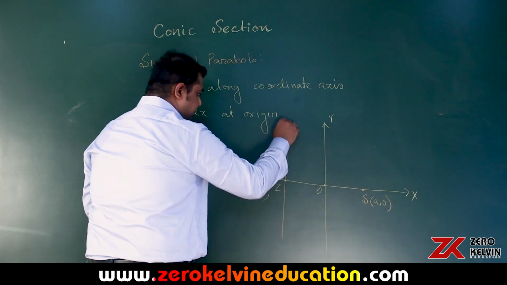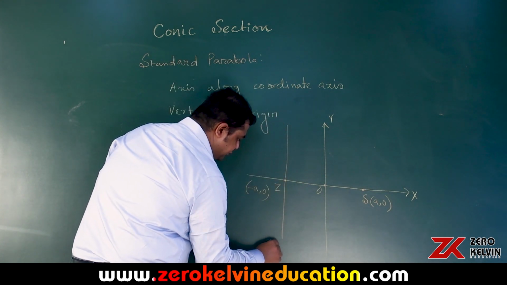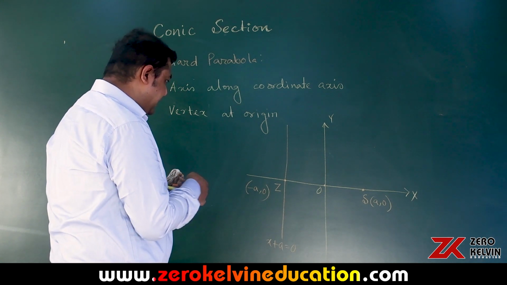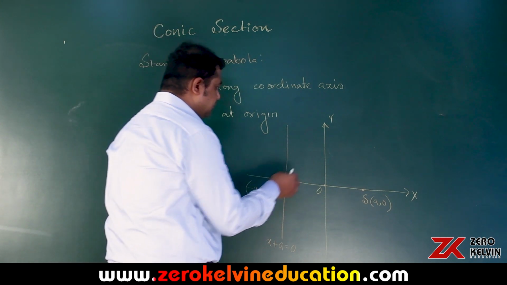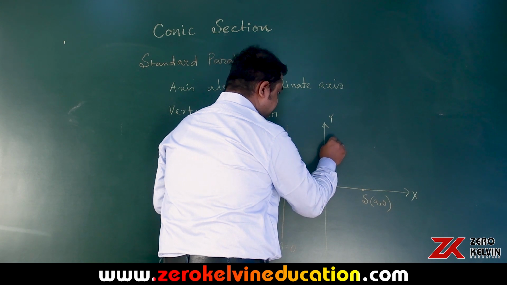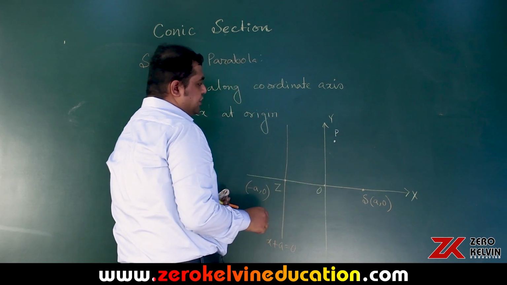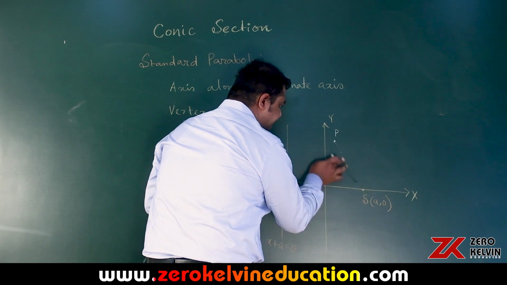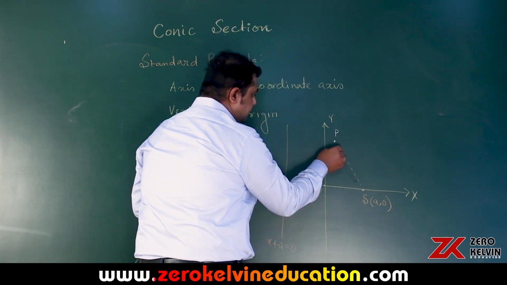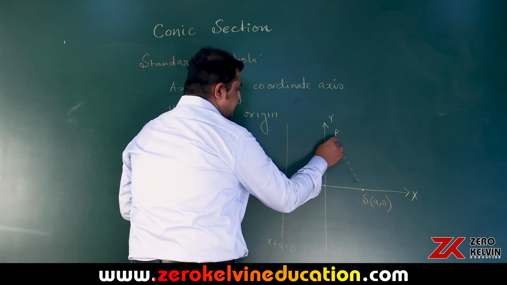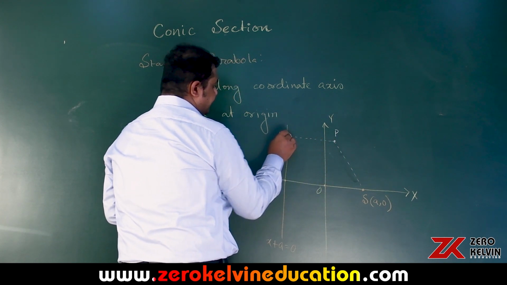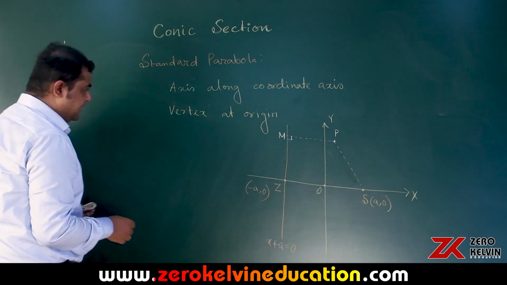So, we will have our directrix as x + a = 0. And for any point P on the considered parabola, the restriction that we have is that the distance from S and the distance from the directrix both have to be the same.